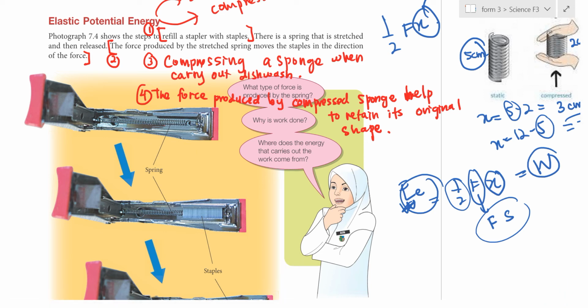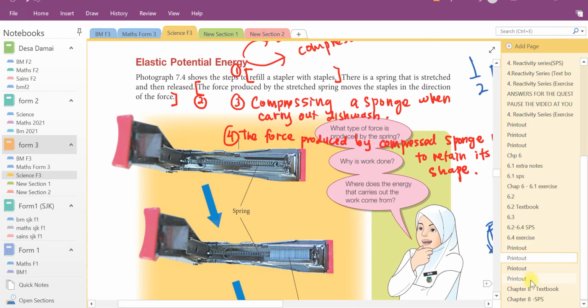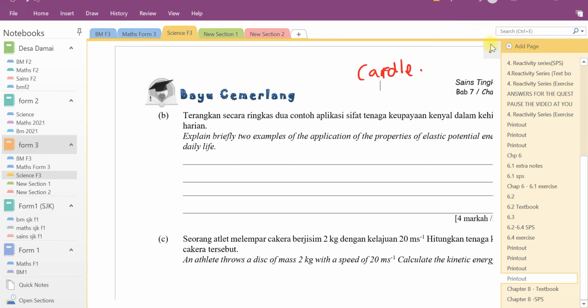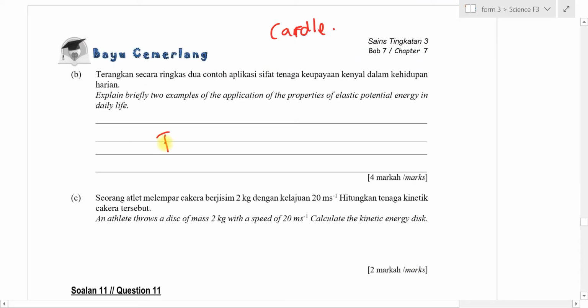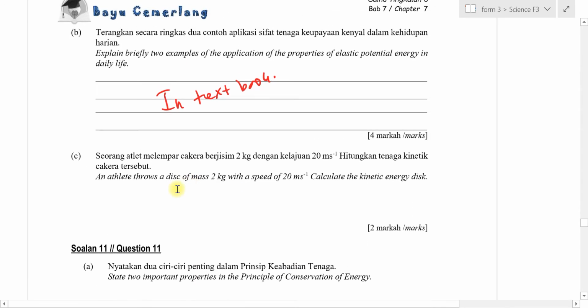Alright, so we go to the next part. Next question. An athlete throws a disc of mass 2 kg with a speed of 20 meter per second. Calculate the kinetic energy.